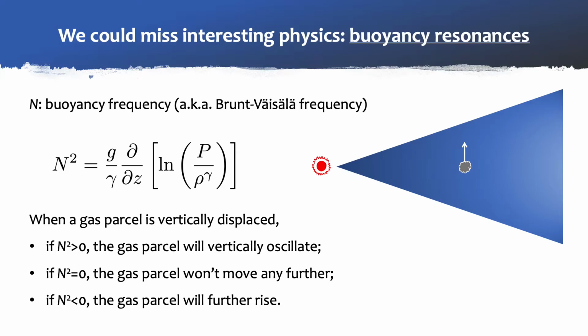So the gas blob is displaced, but it won't move any further. When N squared is negative, the gas blob will further rise because it is unstable to the perturbation, and it will rise until it meets a layer where N squared is greater than or equal to 0.